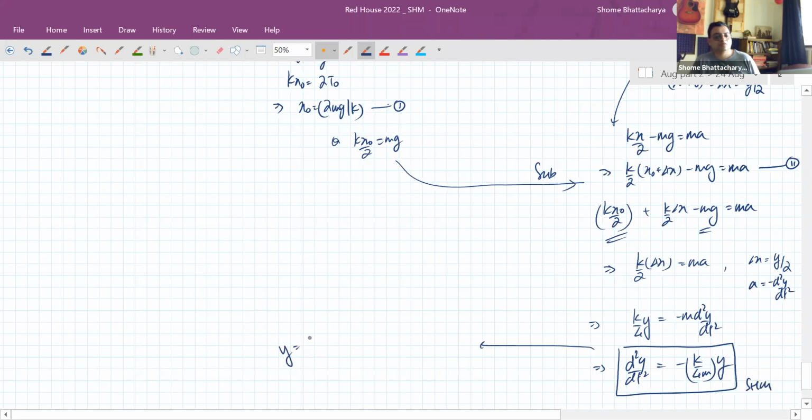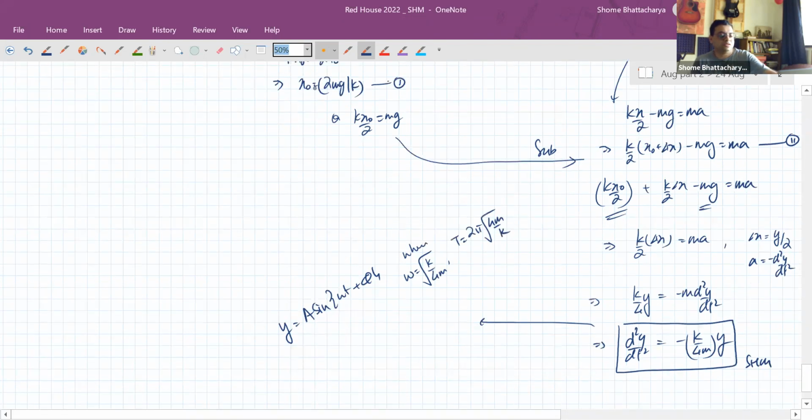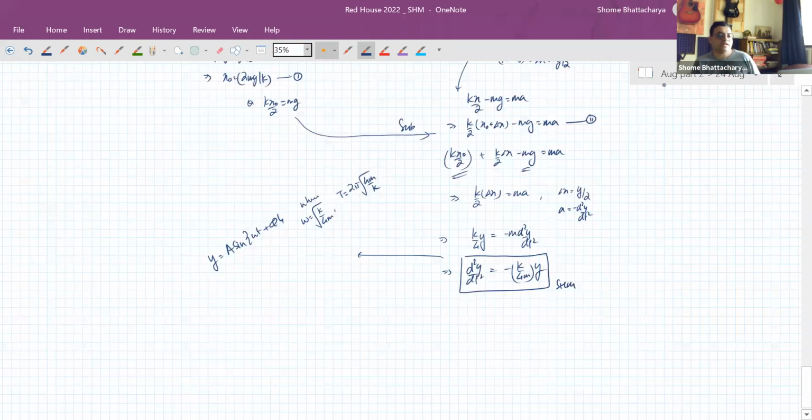So y is equal to some amplitude into sine omega t plus some phase constant, where omega is equal to square root of k by 4. The time period is, so this is the proof of SHM and the time period part.